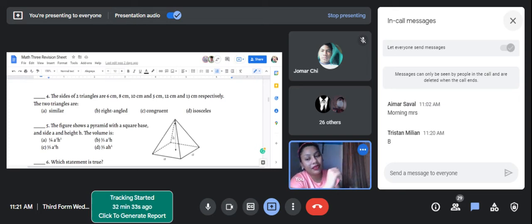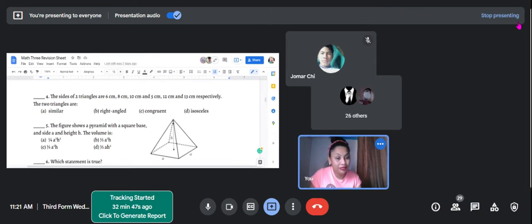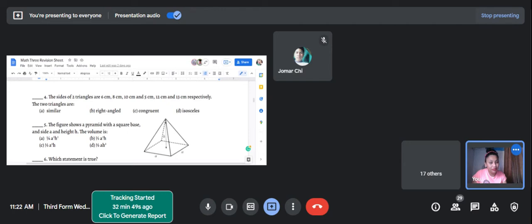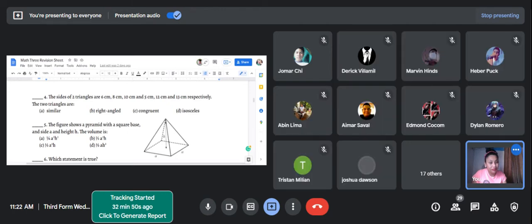Okay. B says right angle. Is there anything in this question that tells you the triangles have a right angle? Yes or no? Do the questions tell you that the triangles have a right angle?